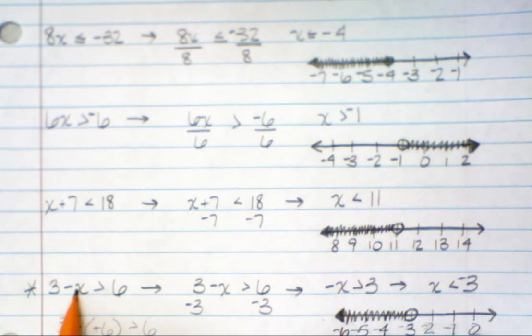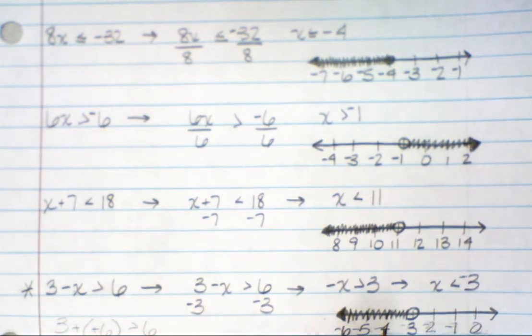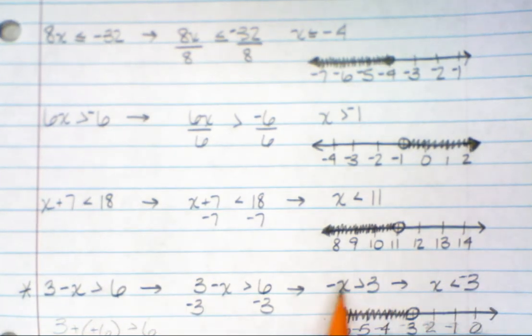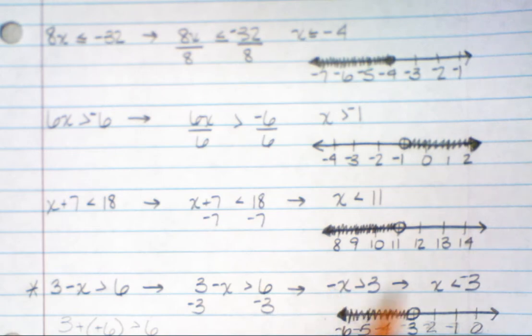So if I put in 0 here, it shouldn't work out. And 3 minus 0 is not greater than 6, because 3 minus 0 is 3, and 3 is not greater than 6. So that's one of the reasons why we have to flip. When we have a negative variable and we change it to a positive, we have to switch that inequality sign. You'll see another example of that here in this next problem.